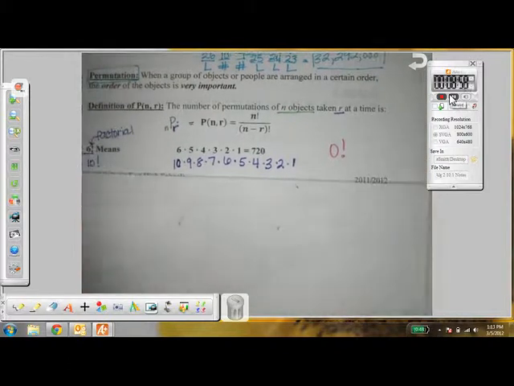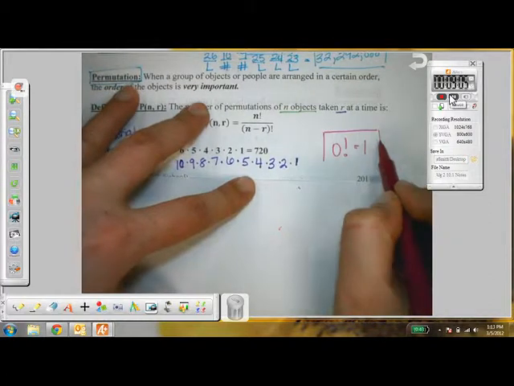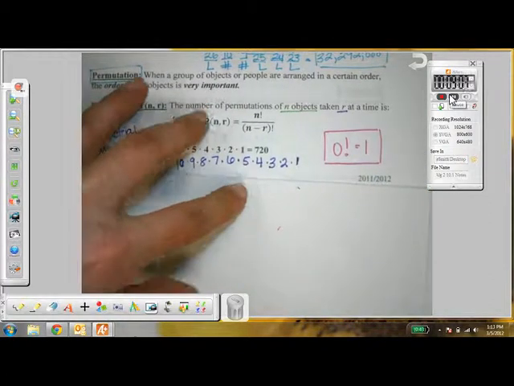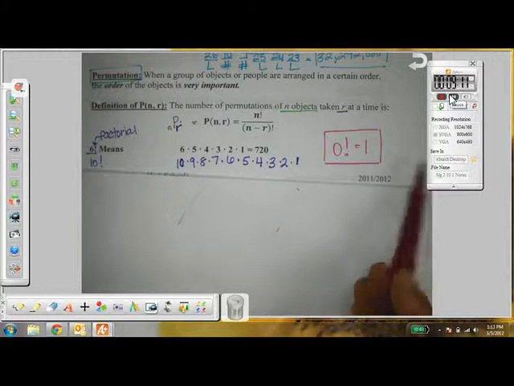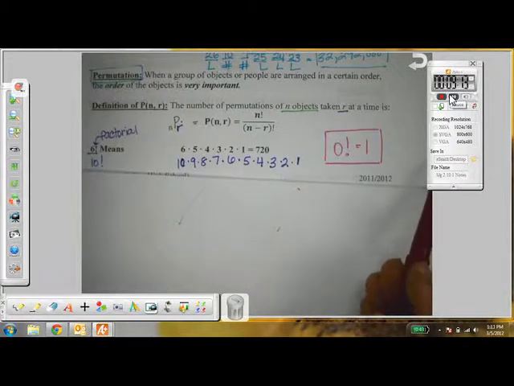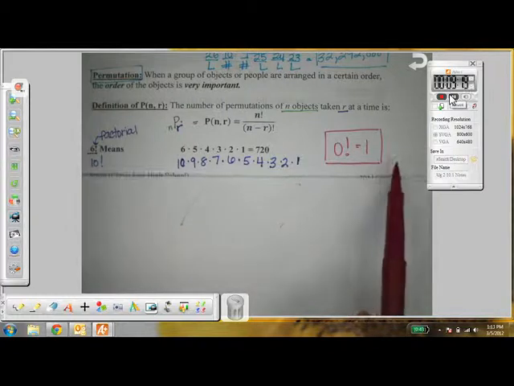Now 0 factorial is equal to 1. It's a special case, just an identity, something we have to memorize. Okay, so anytime you see 0 factorial, it's just automatically equal to 1. Otherwise, we're always going to get a lot of undefined answers.